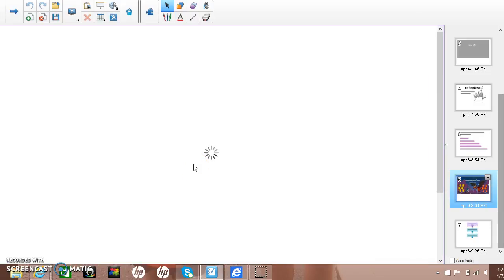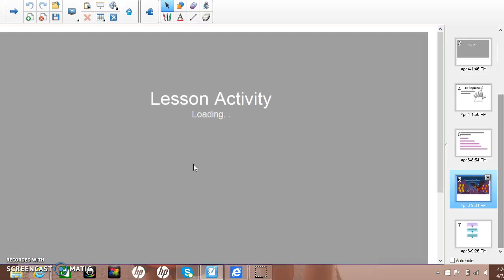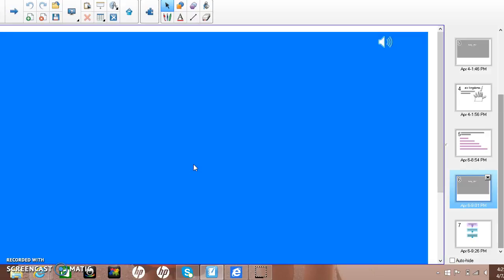So this activity is called matching up, and we're going to match up the kingdom with an organism, what we just talked about. So if you want to pull out that activity where you traced your hand. Okay, I have it.